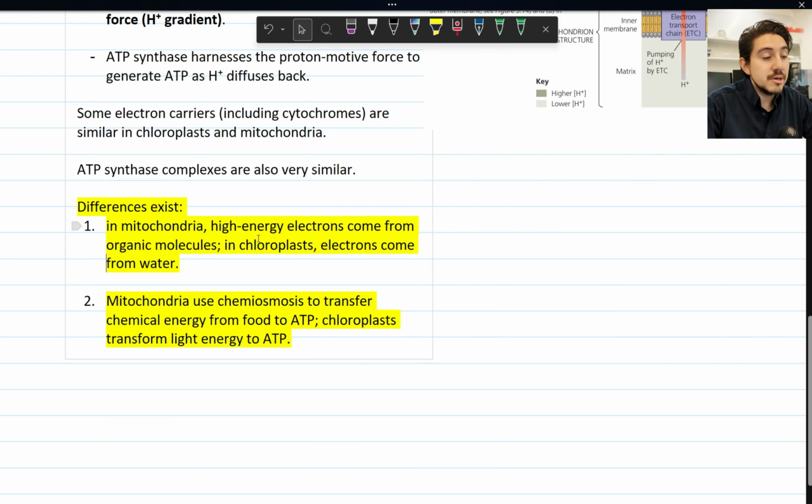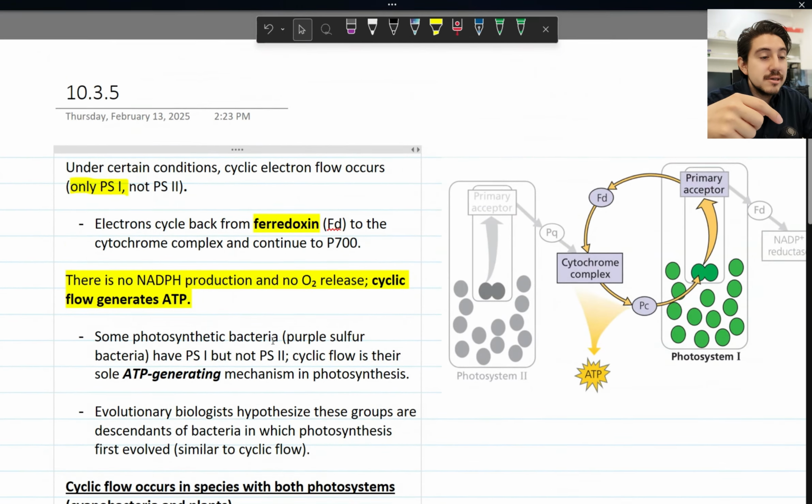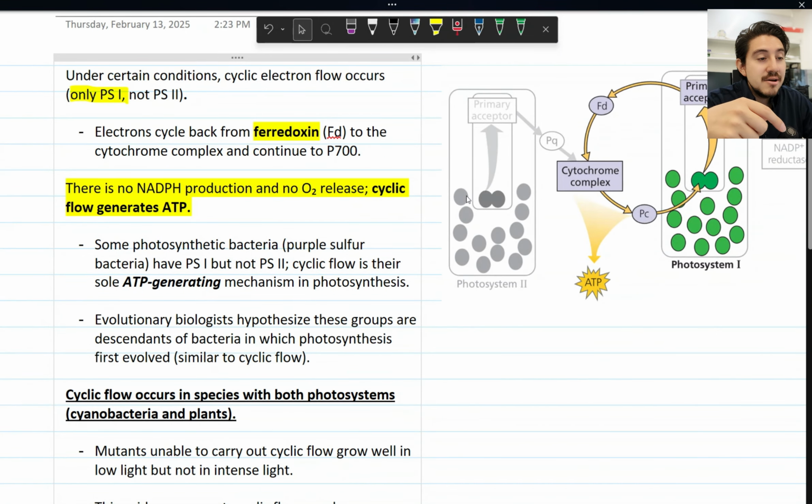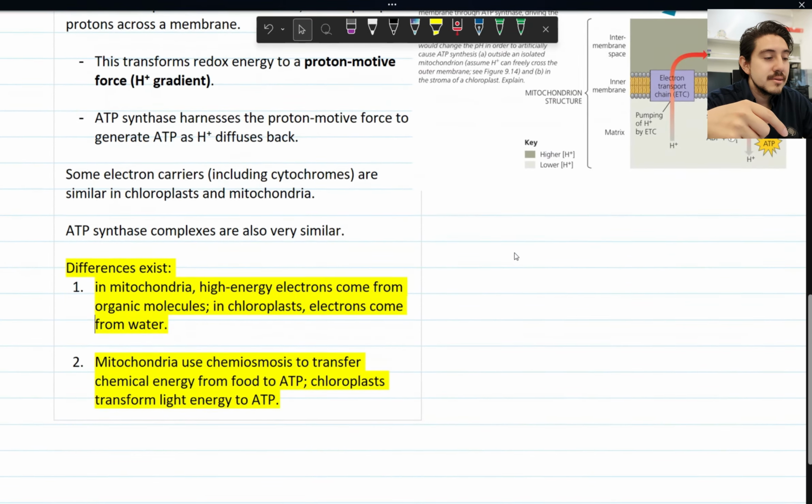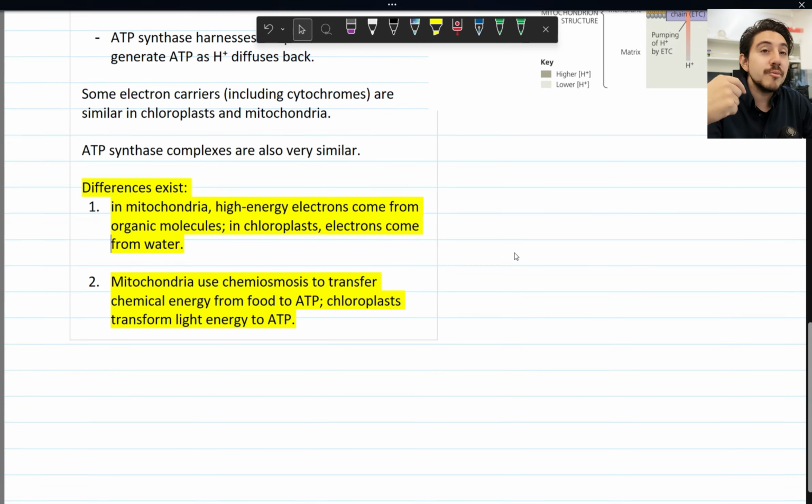In mitochondria, high energy electrons, where do they come from? They come from the organic molecules, right? If you remember glycolysis and the breakdown of food to obtain the NADH. In chloroplasts, the electrons ultimately come from water. Remember photosystem 2 shuttling the electrons from water, passing them down. So ultimately the electrons come from water.